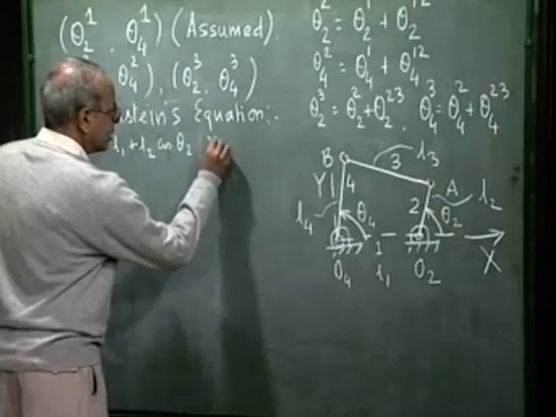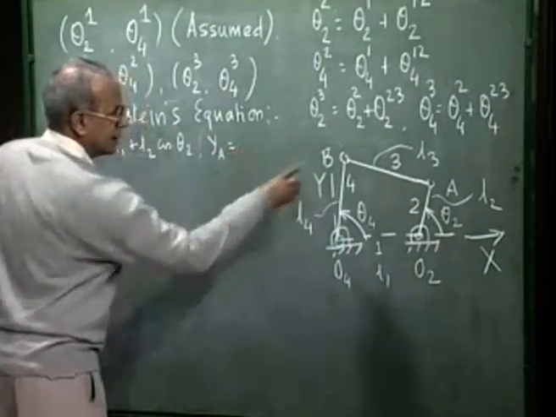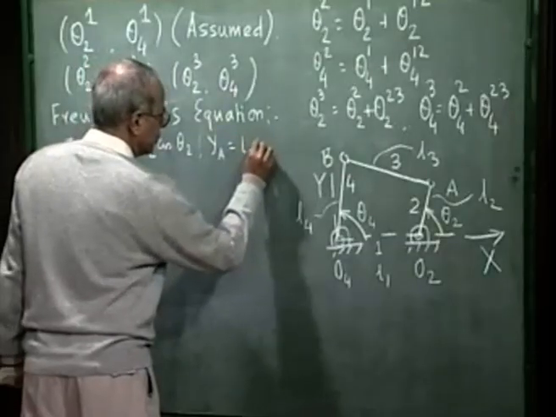The y coordinate of the point A, YA, is easily seen to be L2 sin theta 2.